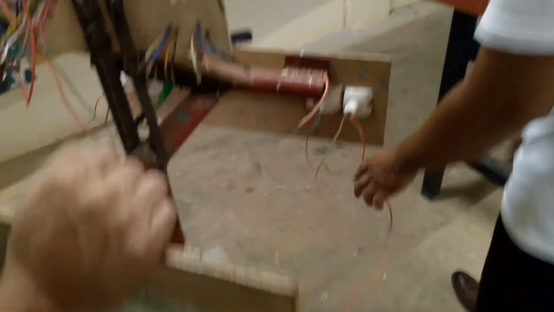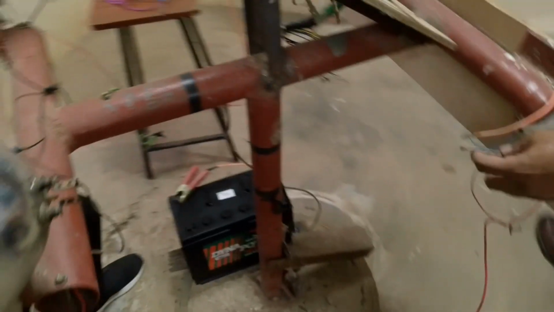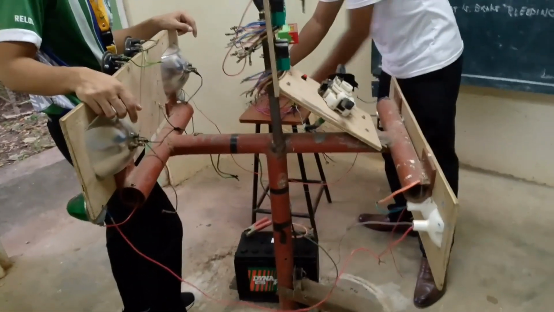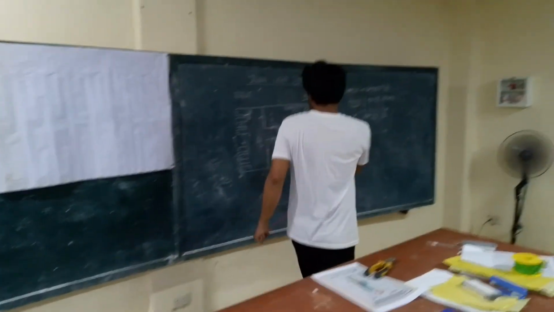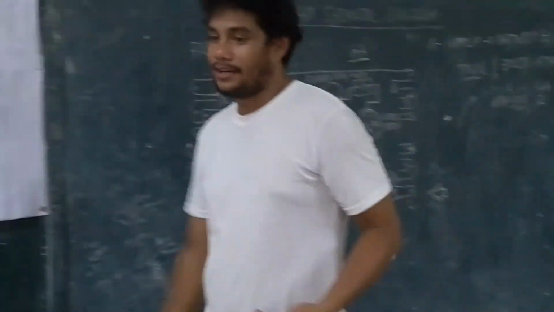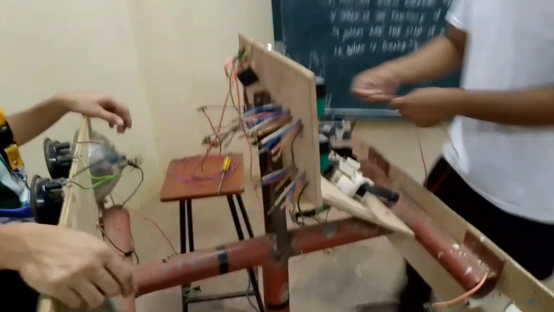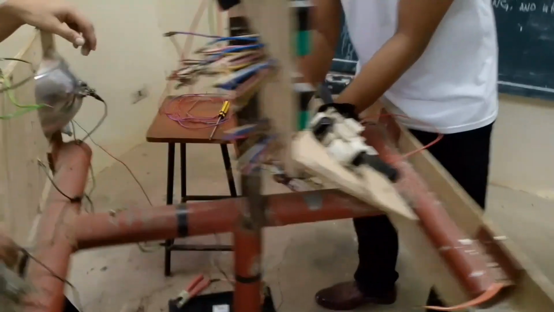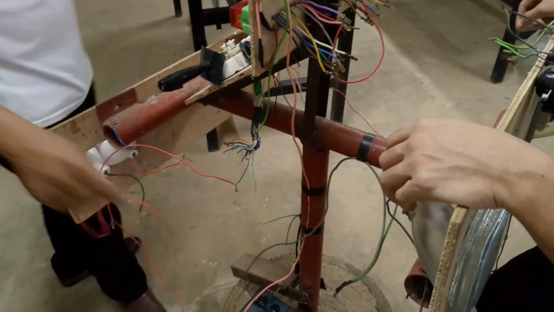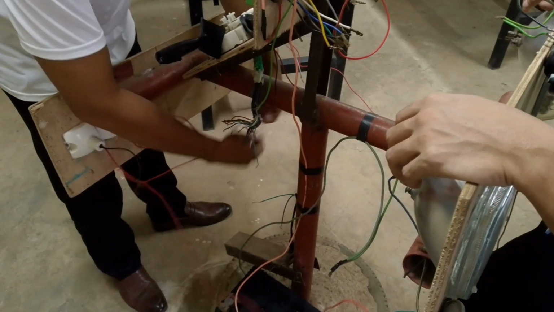We improvise the wire. Supposedly, the black is for your ground. Then connect from our signal light switch. The right goes to the right, the left goes to the left. So this is our left signal light terminal or switch.